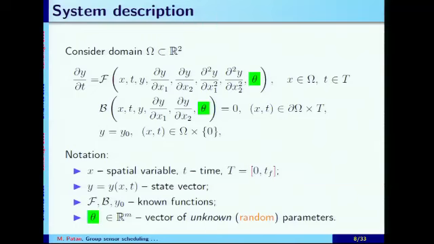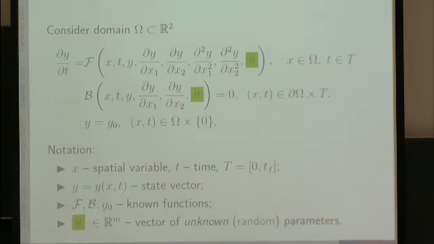So finally, let's focus on what class of systems is considered within this work. We consider distributed parameter systems, which mathematically can be described by a collection of partial differential equations with some known structure. So the structure of the model is known and usually comes from physical considerations.